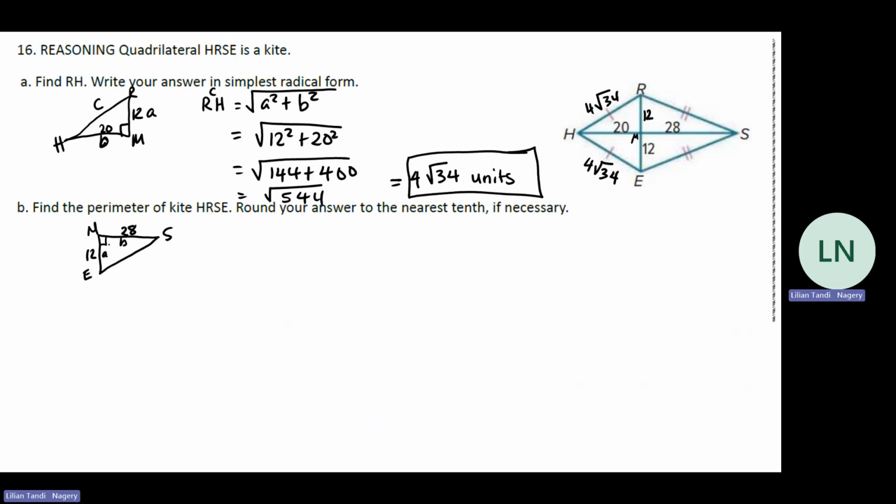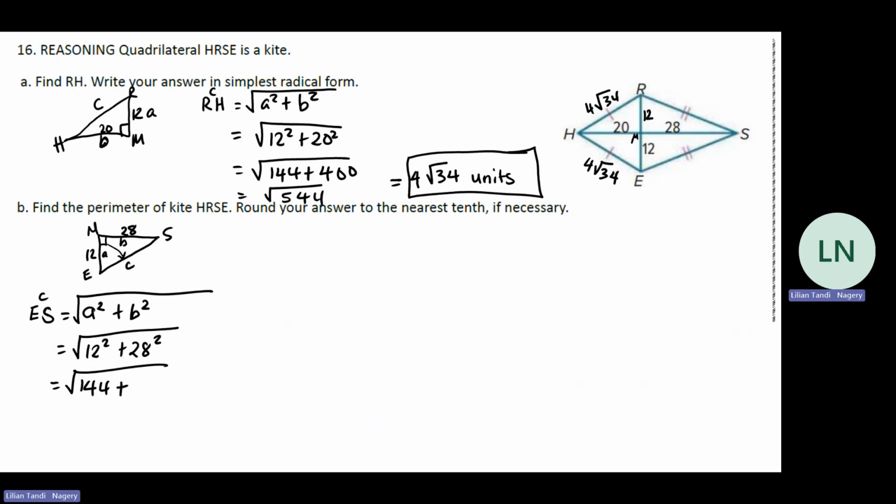This is A. This is B. We want to find C. So ES, which we are calling C, is found by the square root of A squared plus B squared. So A squared is 12 squared plus 28 squared. So this is 144 plus, I think it's 576, no, 28 squared is 784.